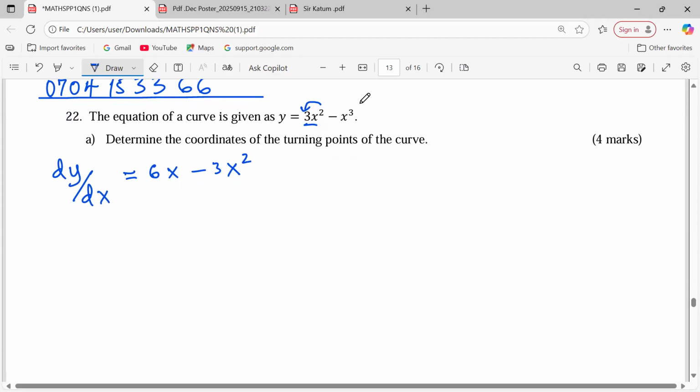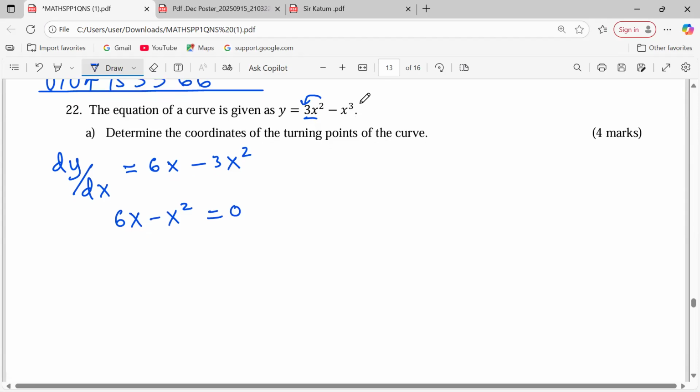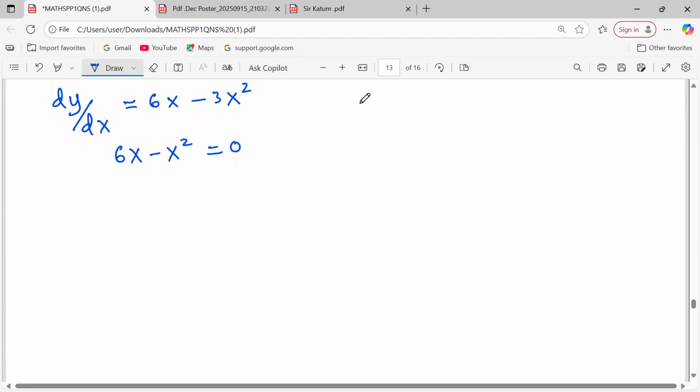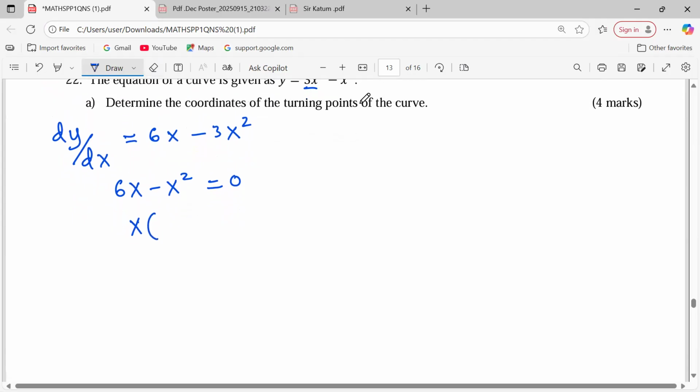Now, at the turning points, gradient is usually 0. Therefore, we say 6x minus 3x power 2 equals 0. Solving this will help us to get the values of x at the stationary points. When the gradient equals 0, what is the value of x? So we can factor out, sorry, what is to be factored out here is a 3x, which is common.